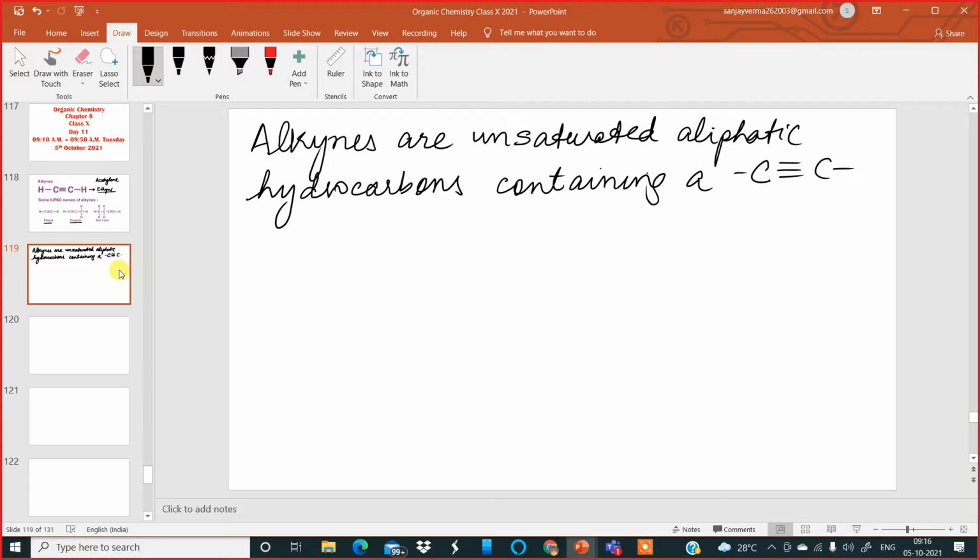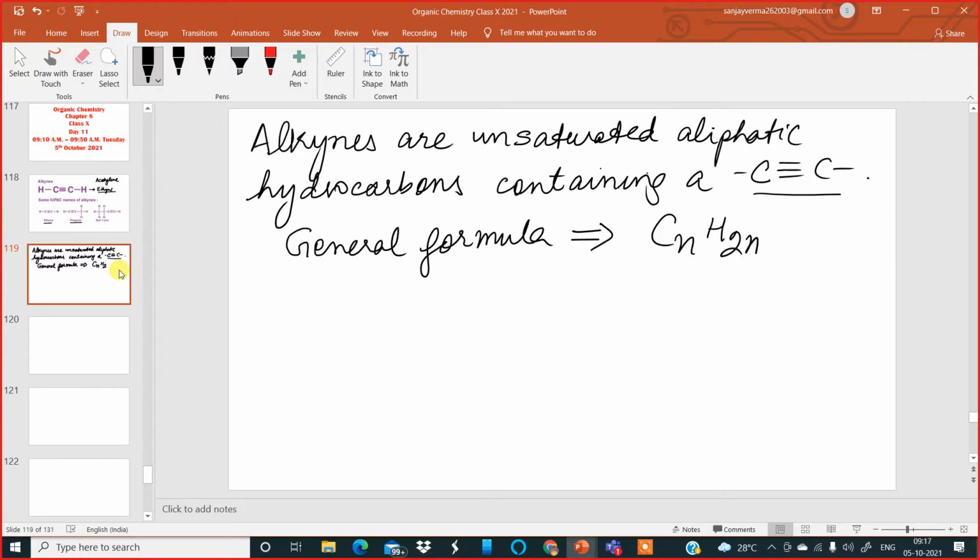Moreover, alkynes have a general formula. The general formula of alkynes is CnH2n minus 2. This is what you have to remember.